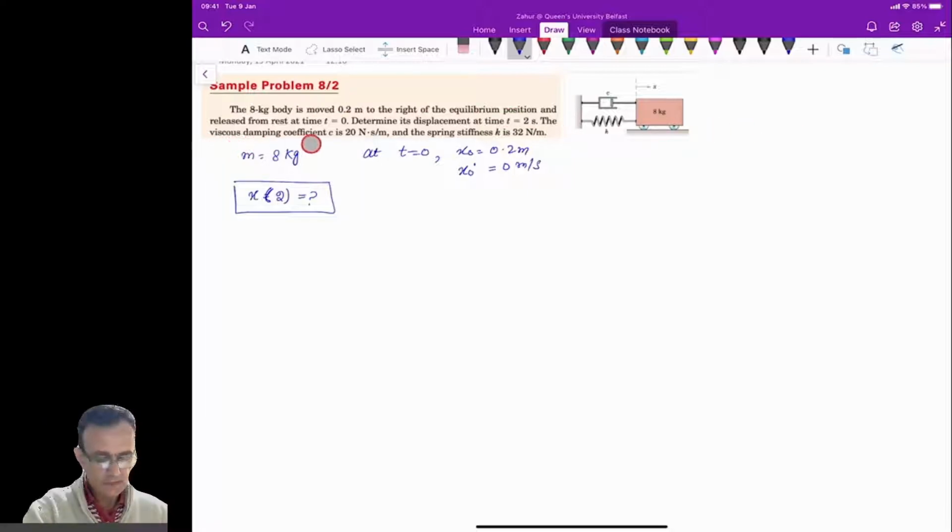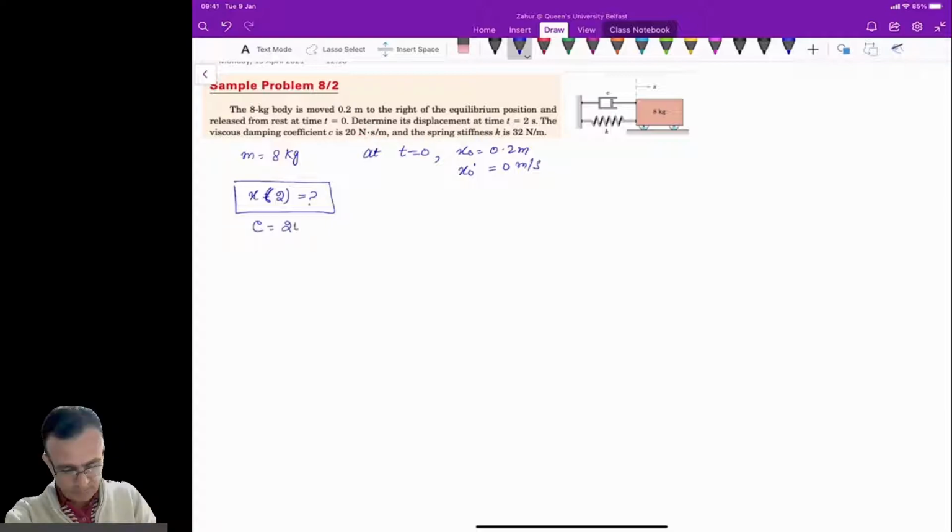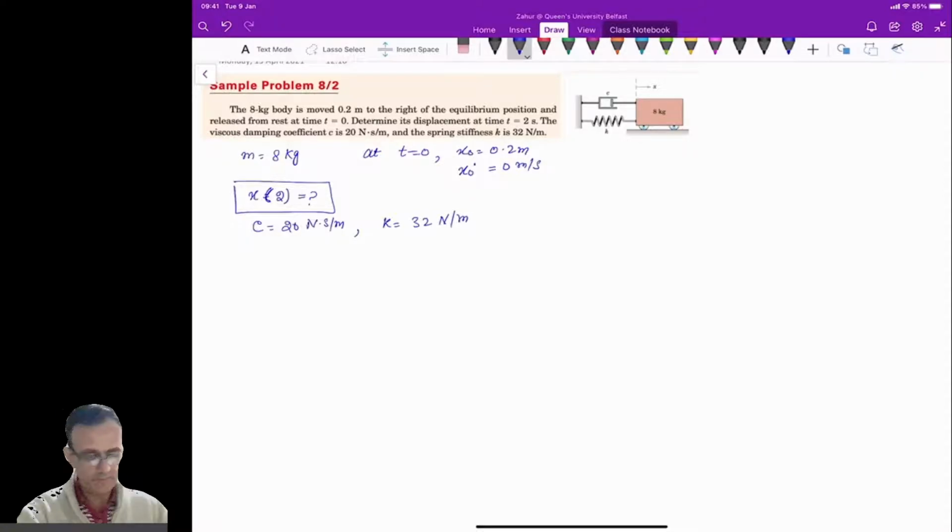The viscous damping coefficient C is given, which is 20 Newton second per meter, and the spring constant K is given, which is 32 Newton per meter.